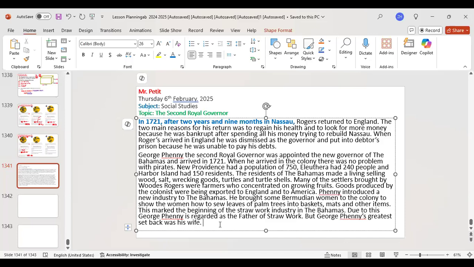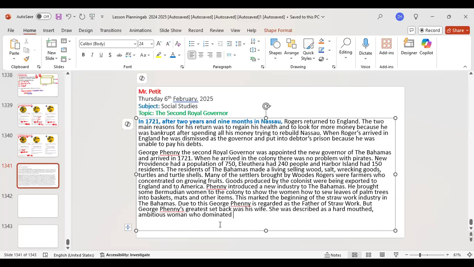She was described as a hard-mouthed, ambitious woman who dominated and abused everyone she met.